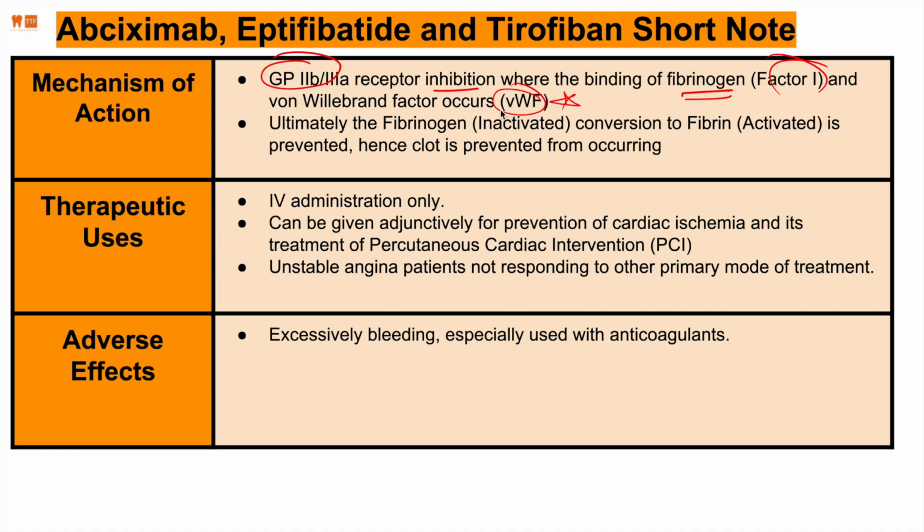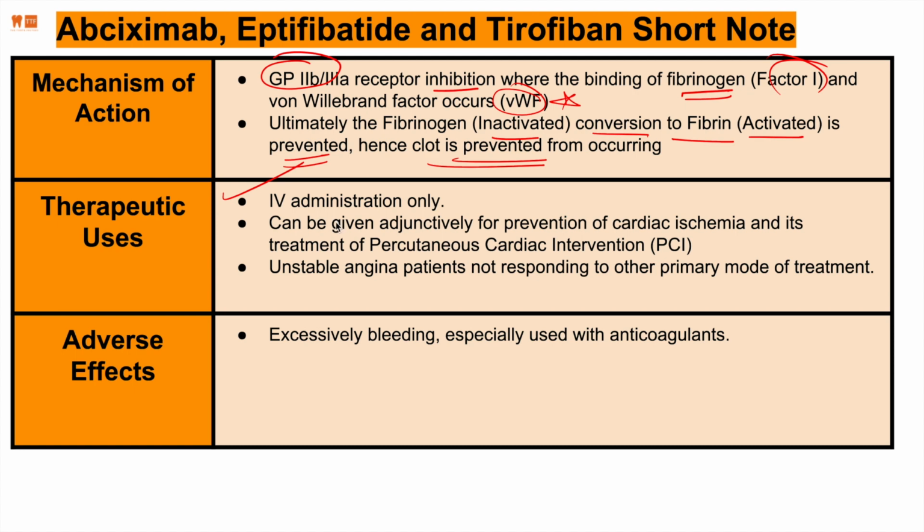Remember von Willebrand disease? Well, ultimately fibrinogen, the inactivated component, converts into fibrin and is activated. However, this is prevented. Hence, clot is prevented. So it's the last stage. The conversion of fibrinogen to fibrin is also prevented by these drugs.